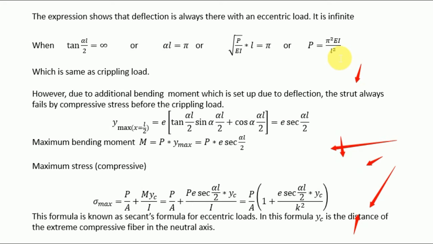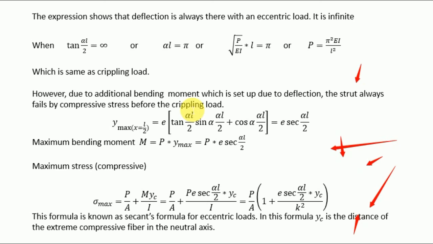This is the same equation as we deduced in the first condition, called Euler's formula, and this is known as the buckling load. However, due to the additional bending moment set up by the deflection, the strut always fails by compressive stress before the buckling load.